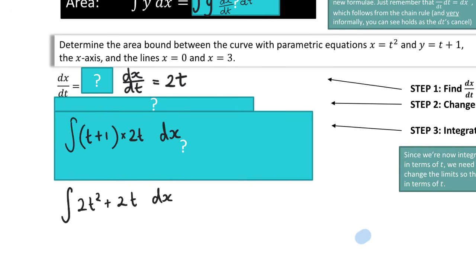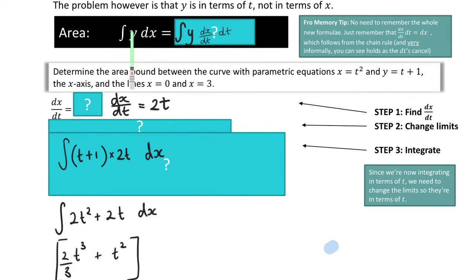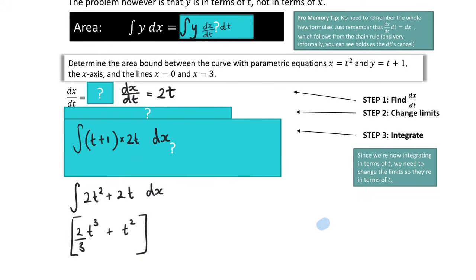We're now going to integrate this: 2t squared integrated gives 2 over 3 t cubed, plus t squared. Why is it with respect to x? Because we want to integrate y with respect to x, to find the area bounded by the x and y axes. Right, now we have this. We have our bounds, x equals 0, x equals 3.